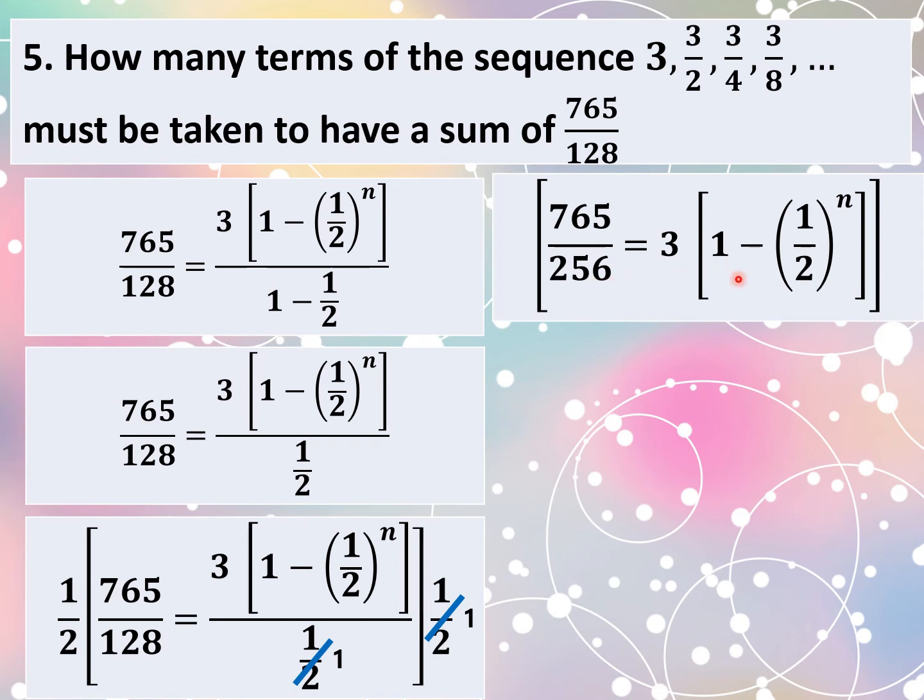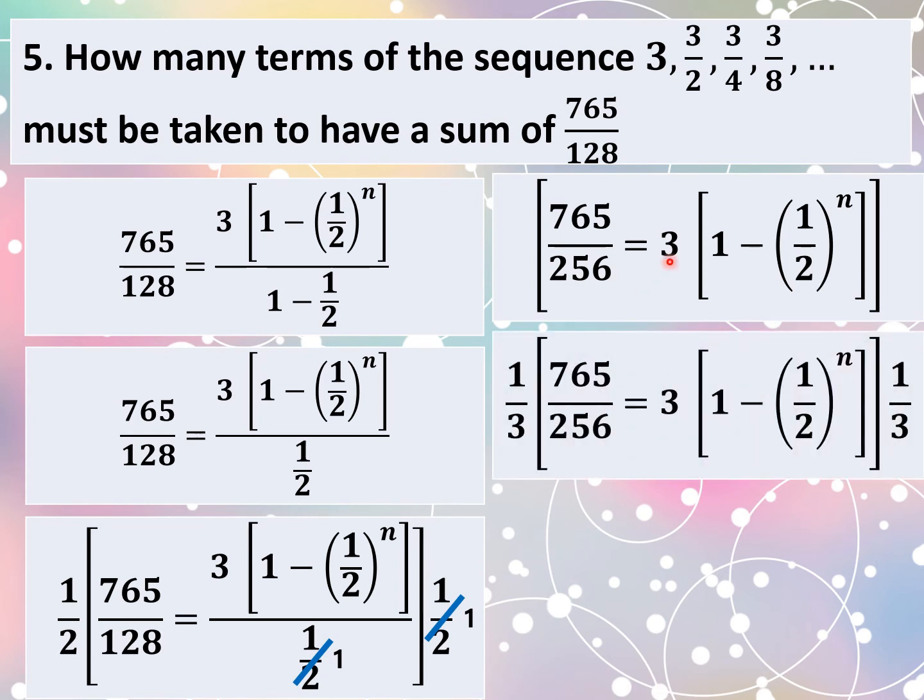And then, ang next step natin is, we need to remove 3. So, multiply both sides by 1/3 or magdi-divide both sides tayo by 3. So, dito, 1/3 times 765 over 256, pwede tayo mag-simplify by canceling 3 or using the greatest common factor na 3.